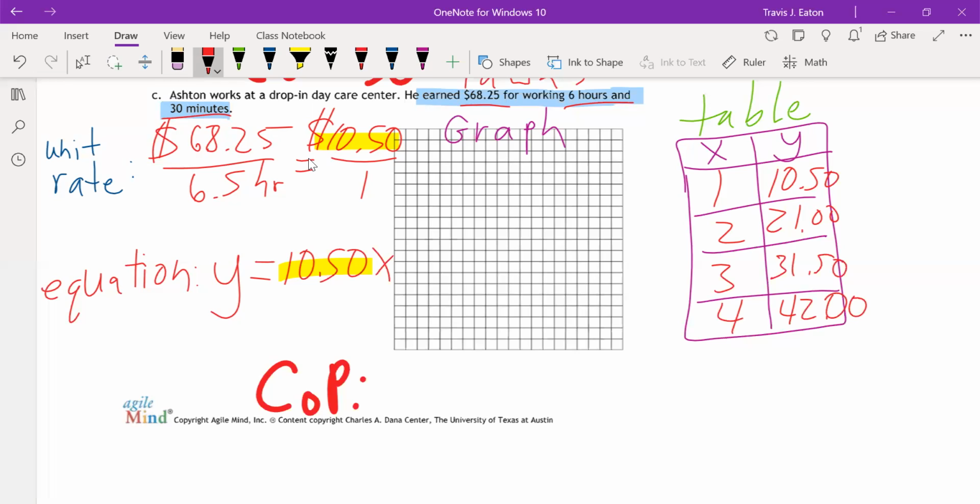And to graph this out, this is our x-axis, this is our y-axis. And you can gauge this out however, I'm going to spread this out just a little bit more. 1, 2, 3, there's 1 hour, 2 hours, 3 hours. Makes it a little easier.